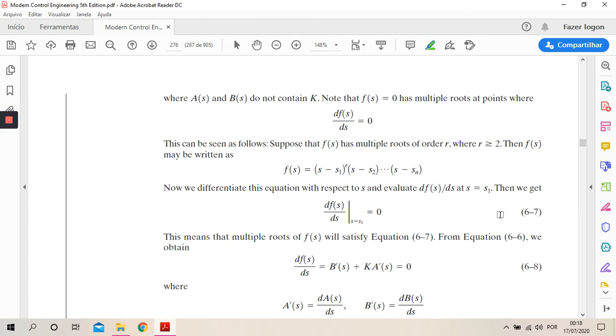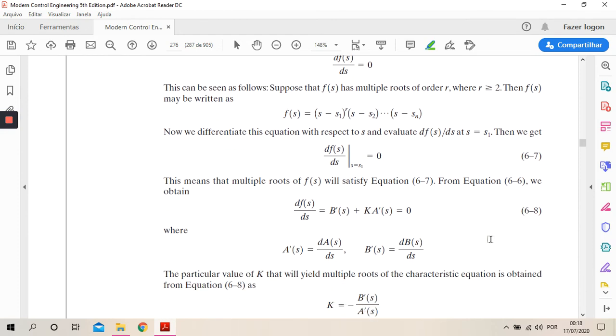Then f of s may be written as follows. All right, my friends, this is the technique that the book is presenting. I don't think it is straightforward.